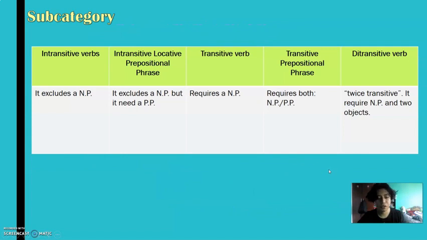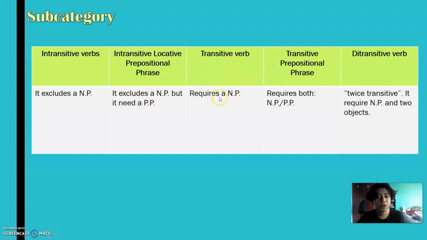In this part we have subcategories. We have an intransitive verb, which includes a noun phrase. Continue, we have an intransitive locative prepositional phrase. This includes a noun phrase, but it needs a prepositional phrase. Next is the transitive verb.